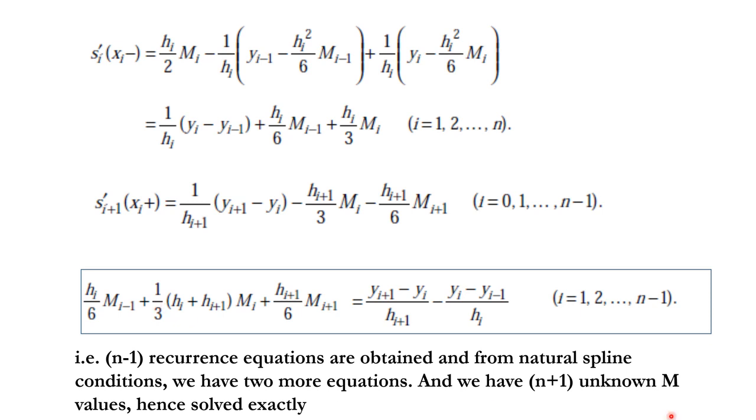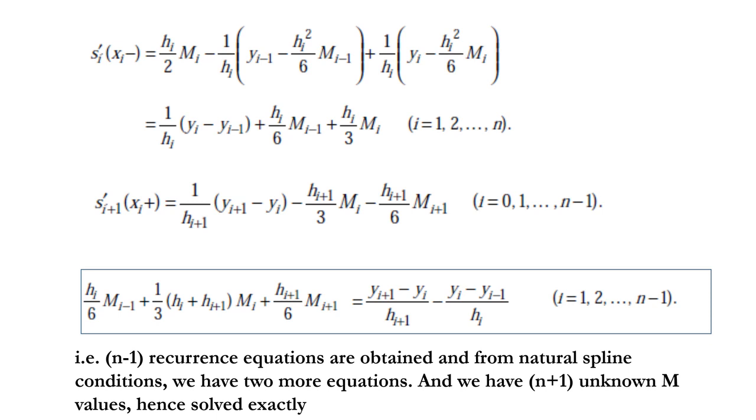But we have to find n plus 1 m values to know the exact form of si of x. So we have n plus 1 unknown m values and n minus 1 recurrence equations.